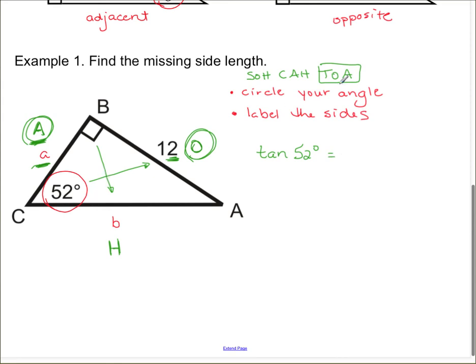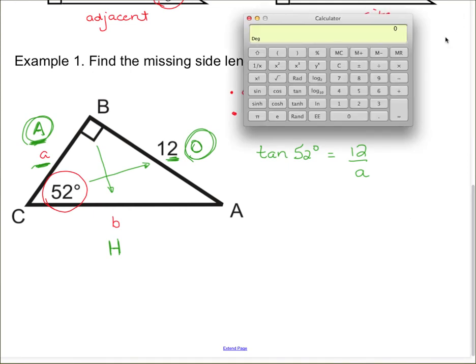Now, tan is opposite over adjacent. So our opposite is 12, and our adjacent was our little a. Now, tan of 52, your calculator knows what that number is. It's just a number. Make sure your calculator says degree or has a big D in it, like mine does right here. Now I'm going to find out what that number is, tan of 52. So on my calculator, I have to type in 52 and then press tan.